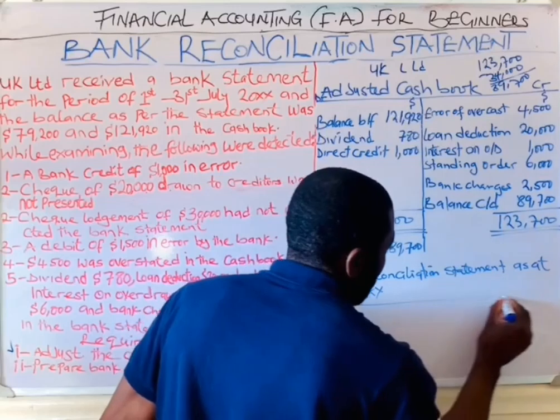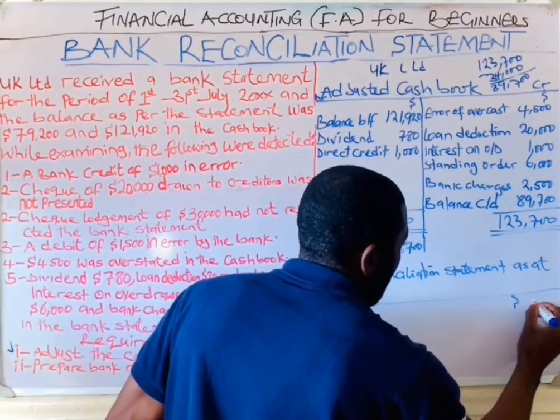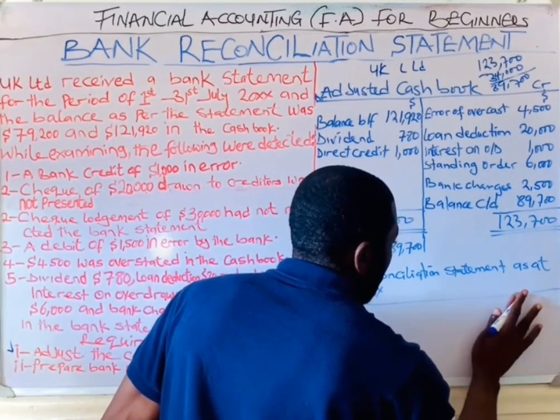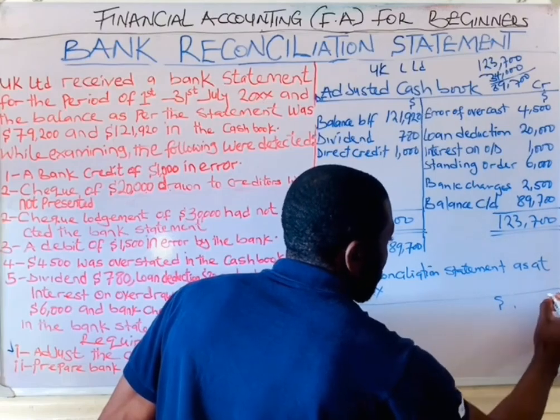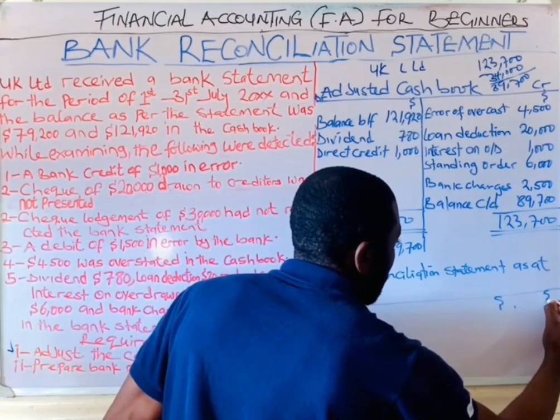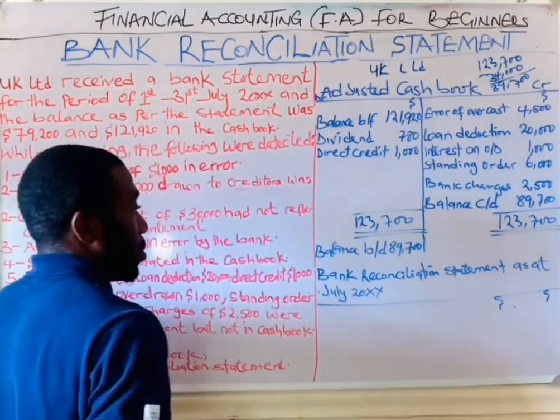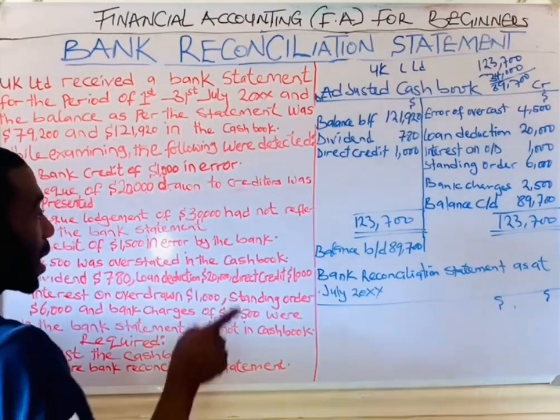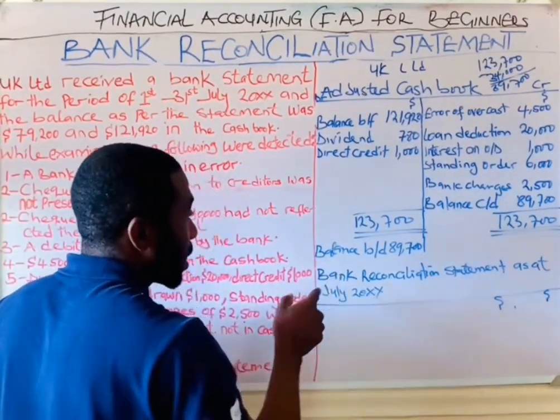This is about reconciliation. Your currency sign. So we are starting with balance as per adjusted cash book.